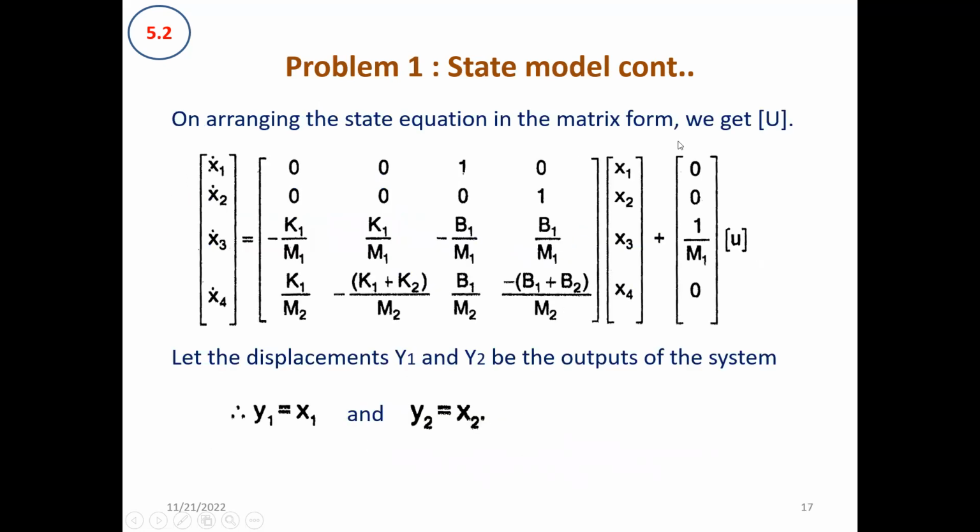Now write the matrix in the form of x dot equal to the values. The row for x1 dot has 1 in the x3 position, and the row for x2 dot has 1 in the x4 position, others are 0. Then the rows for x3 dot and x4 dot are written from the equations with the state variables, and 1 divided by M1 is for our input variable.